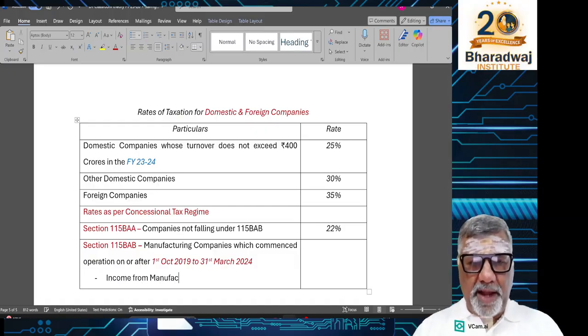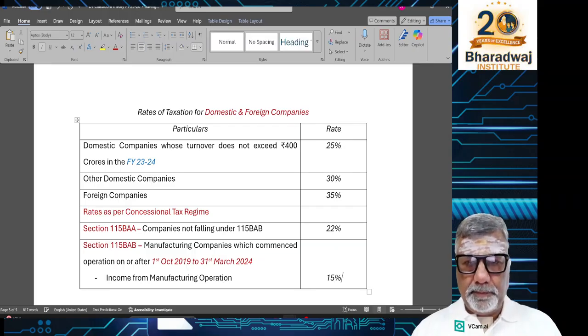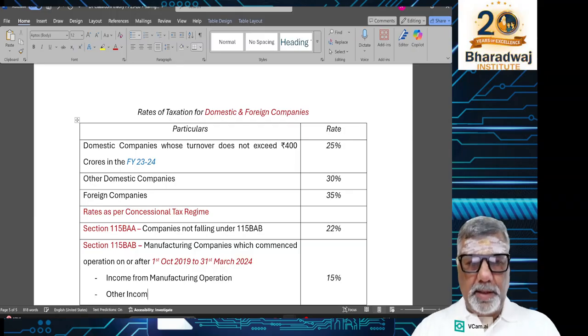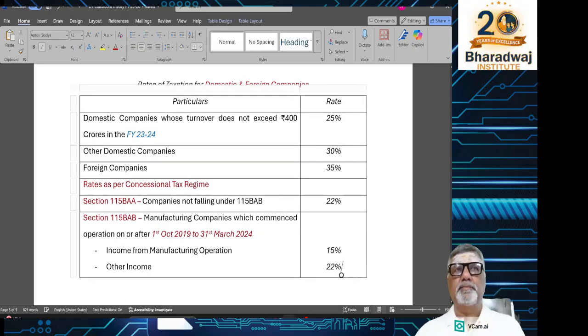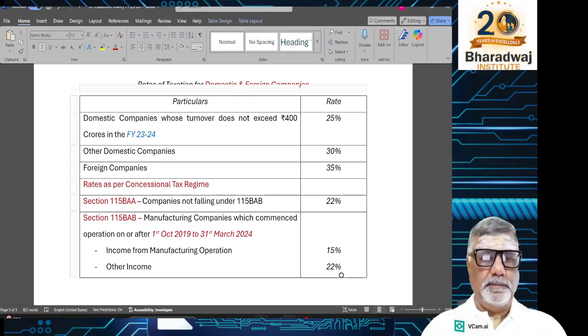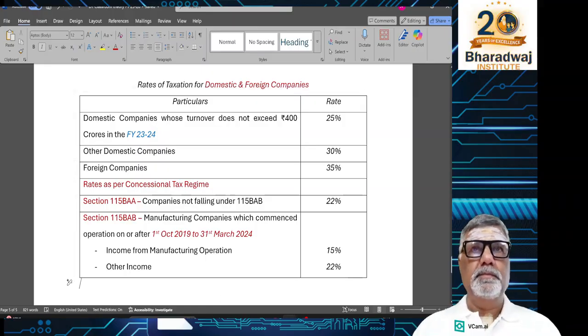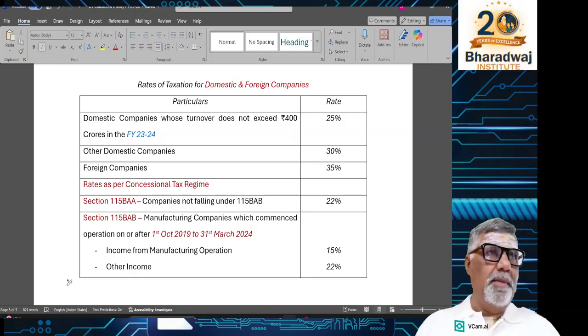Income from manufacturing operation. Other income. Am I clear to you?